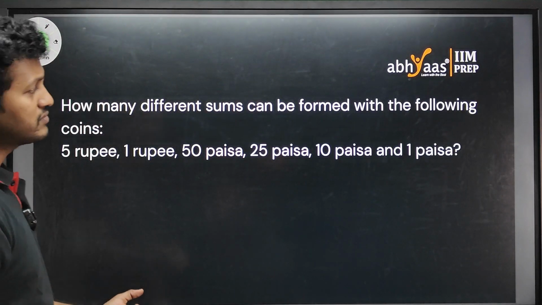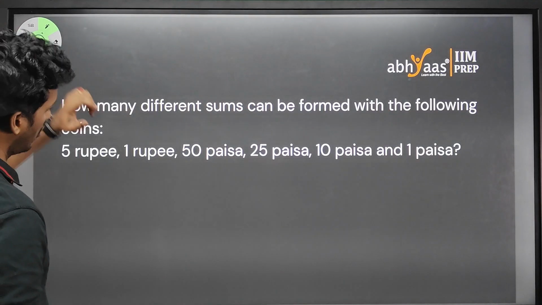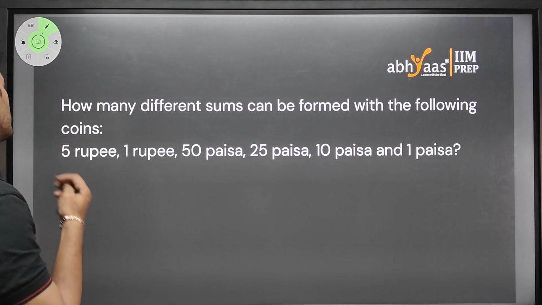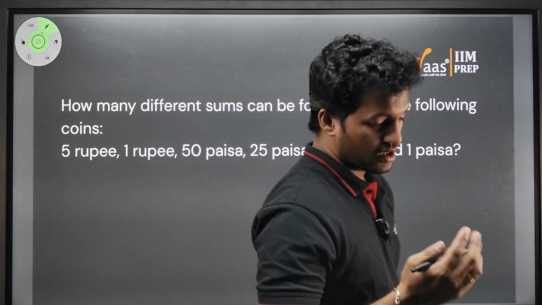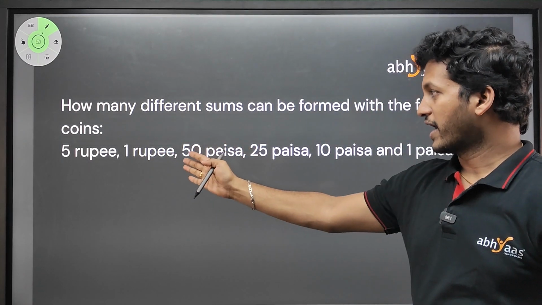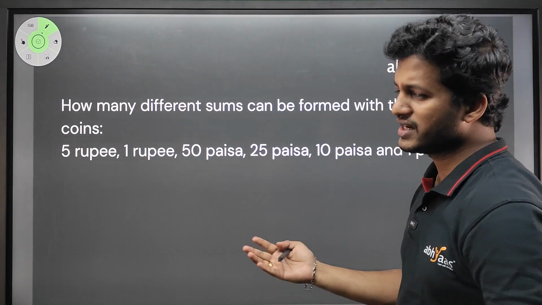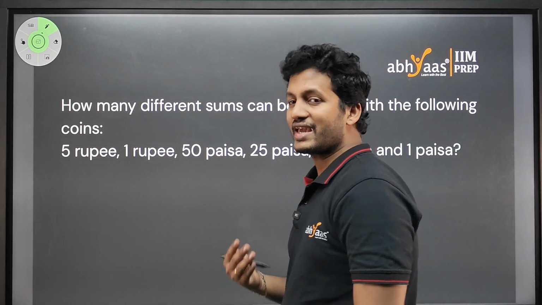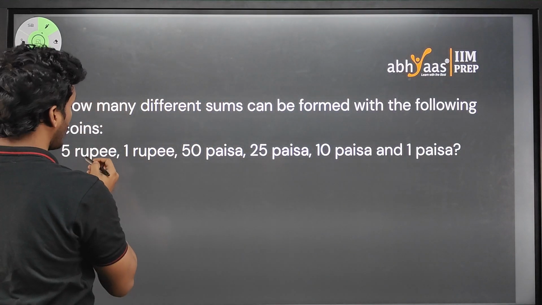How many different sums can be formed with the following coins? Okay, fine. When we have to select coins, taking any combination, 5 plus 1 rupee, 6 rupees, 5 plus 50 paise, 5 rupee 50 paise. You can take any combination. So to take any combination, how many options are there for me?